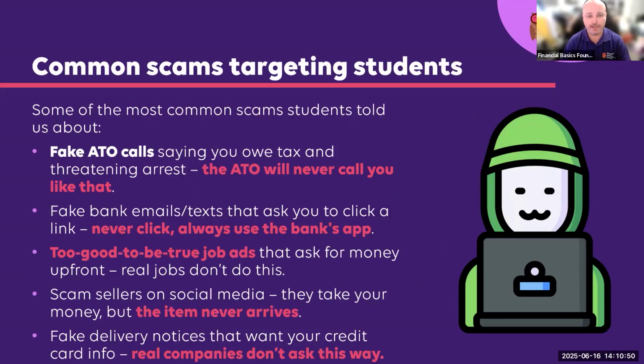The most common being, especially this time of year, fake ATO calls or text messages, often with quite threatening language or a call to action that's trying to rush you into not thinking and acting. And a really, really simple thing to remember there is the ATO is never going to contact you that way. Not with a phone call, not with a text message. So it's a scammer trying to prompt you into action.